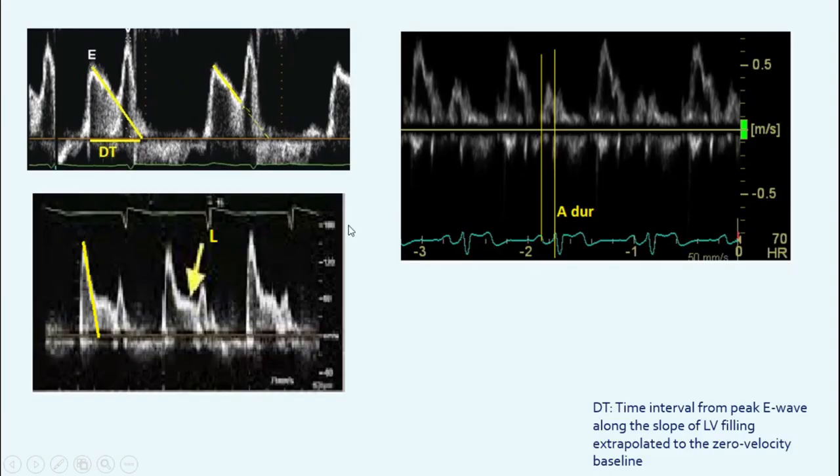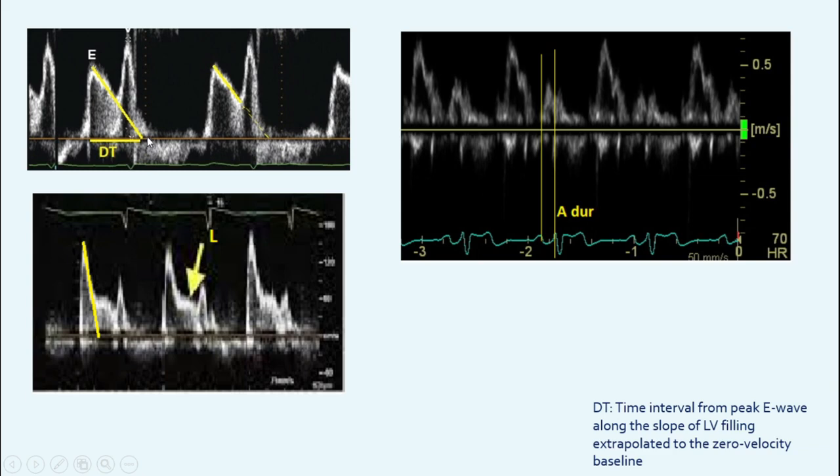In those cases where the E slope is very low, not sharply dropping, and they fuse and we don't see the end of the E, in these cases we have to always finish the endpoint on the zero line.